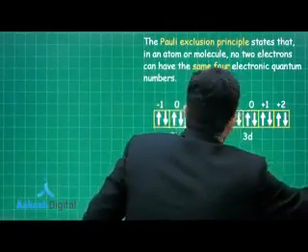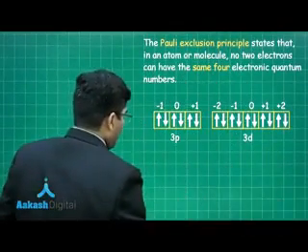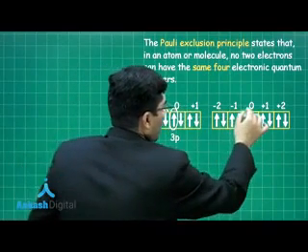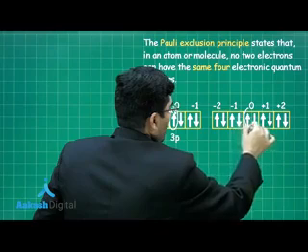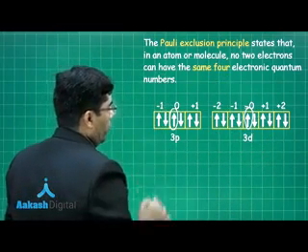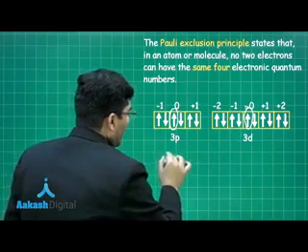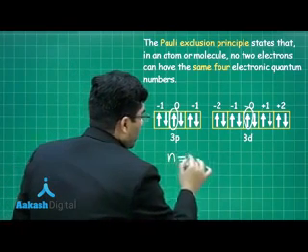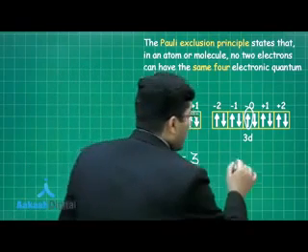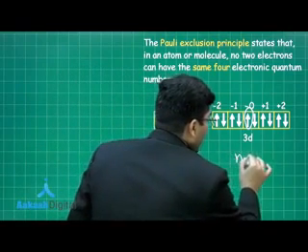Let's see the set of quantum numbers for these two electrons. So, I am talking about this electron and I am talking about this electron. n is equal to 3 for this, and for this also n is equal to 3.